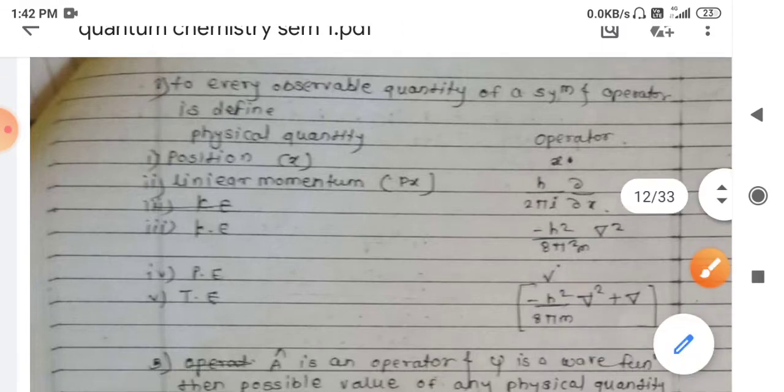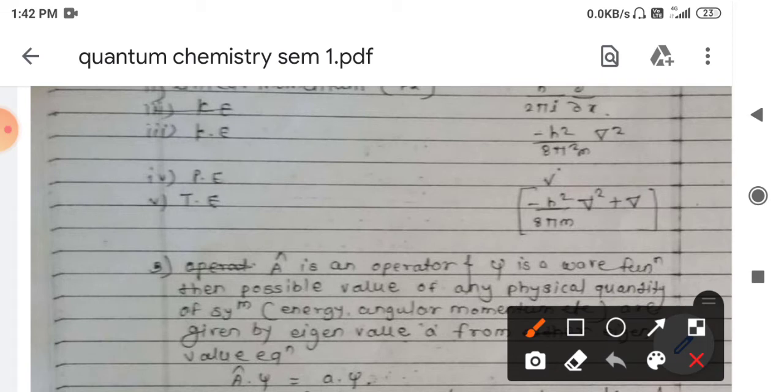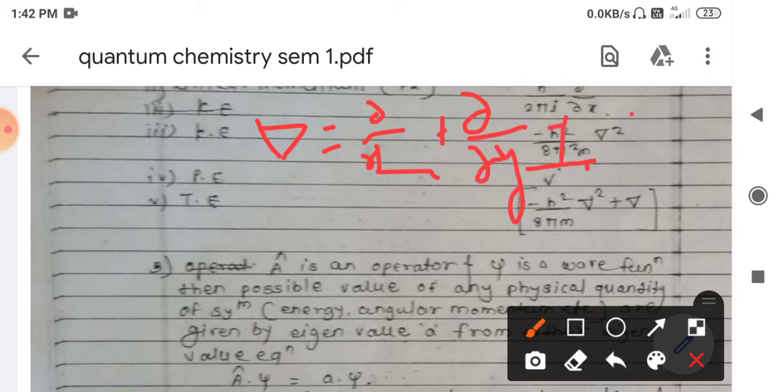Next, how will you represent the kinetic energy? Kinetic energy is represented by minus h square upon 8 pi square m into grad square. I have told you that the grad function is the combination of all three coordinates: grad is del by del x plus del by del y plus del by del z.